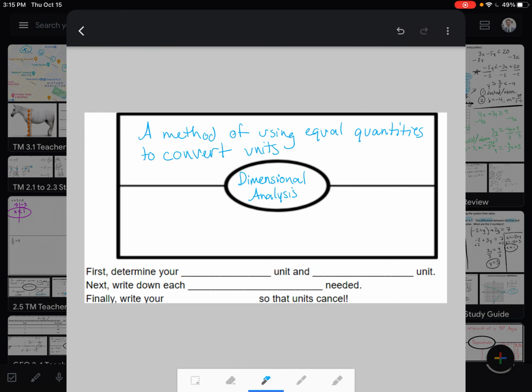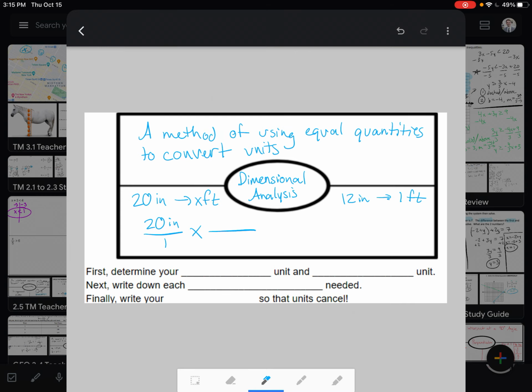So a classic example is, hey, I have 20 inches, and I want to know how much that is in feet. Instead of taking this intuitively and doing it in our heads, we can start off with 20 inches, and then we actually use conversion factors here. We know that there are 12 inches in 1 foot, so 1 foot and 12 inches are equal.